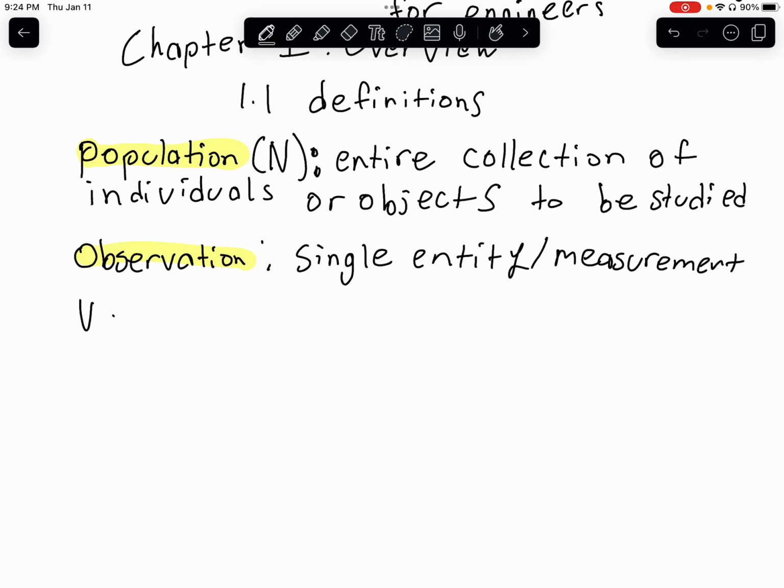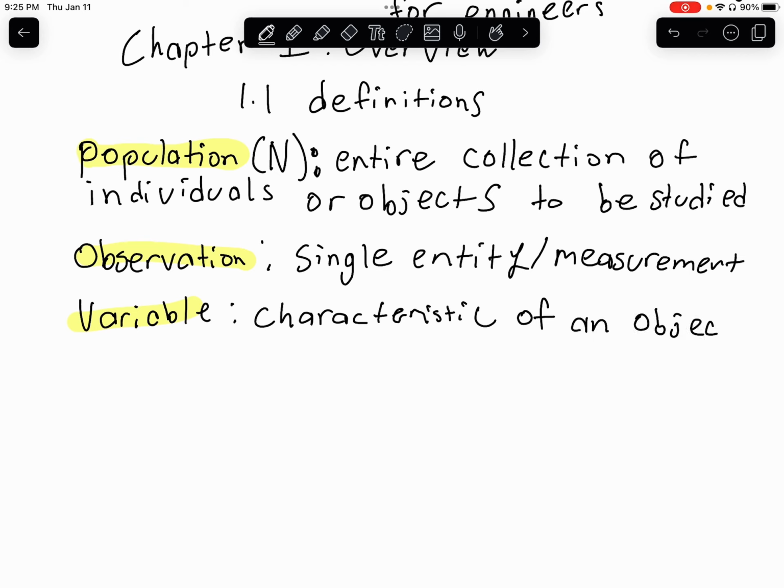A variable is a characteristic of either the population or the object of the population. So as I highlight this, it's a characteristic of an object. It might be of interest. For example, values of x, values of y, values of f(x).